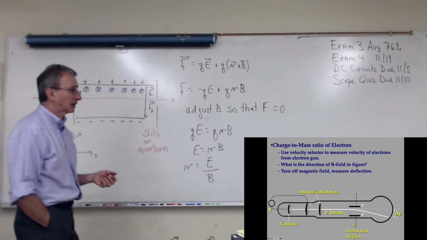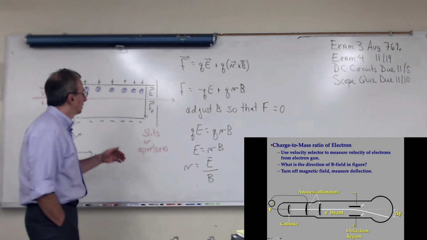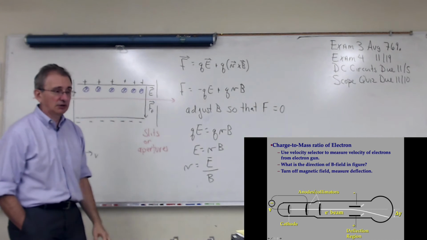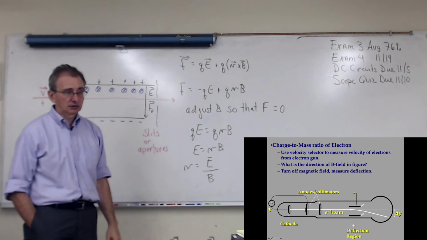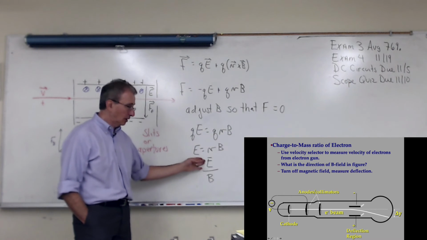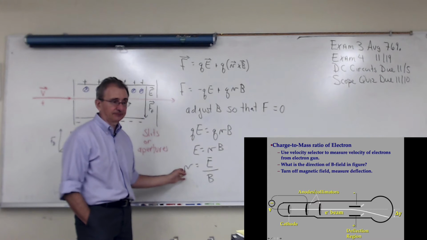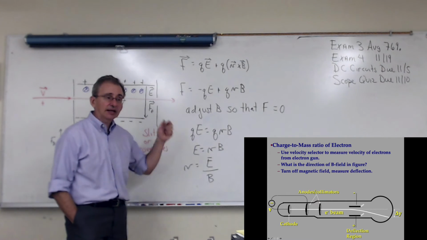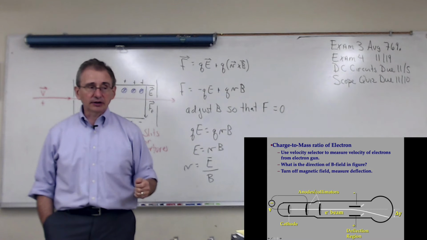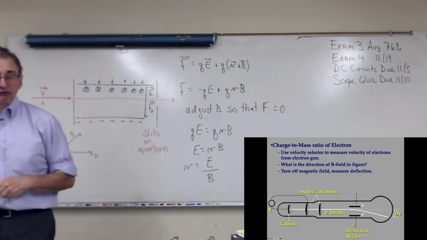He adjusted the magnetic field until the electron beam went straight through and made a dot at the center of the screen. At that point, once he knew E and B, he could calculate the velocity. Then he would turn off the magnetic field and watch the beam of electrons deflect.